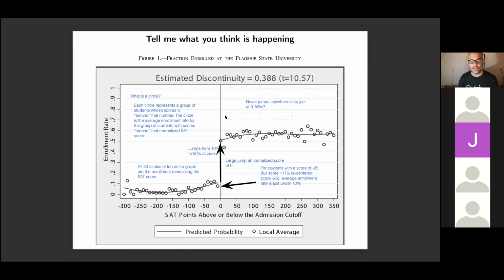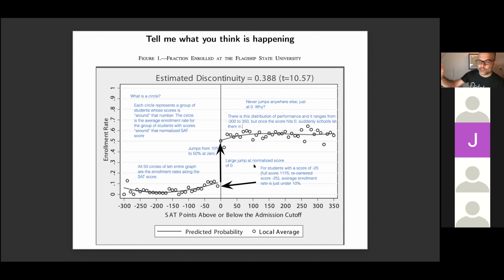What's going on is, there is this distribution of performance, and it ranges from -300 to 350. But once the score hits 0, suddenly schools let them in. That's all that it is.